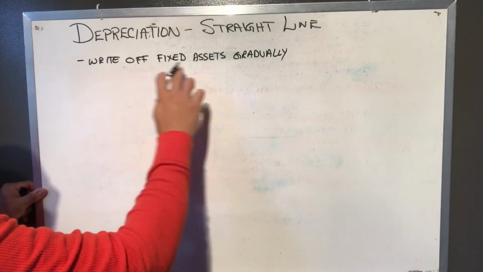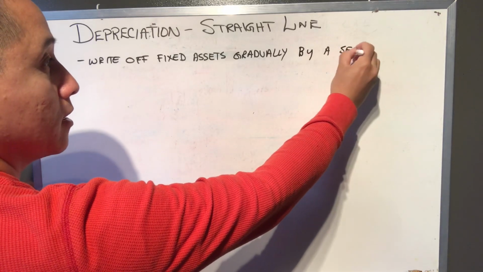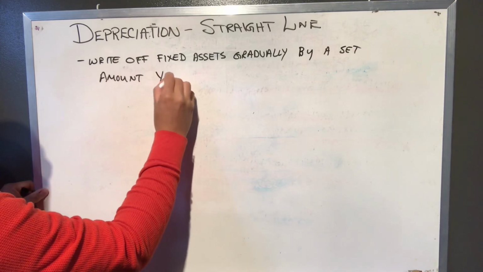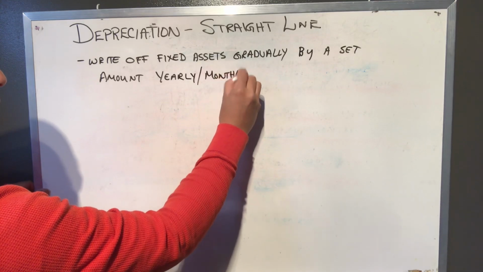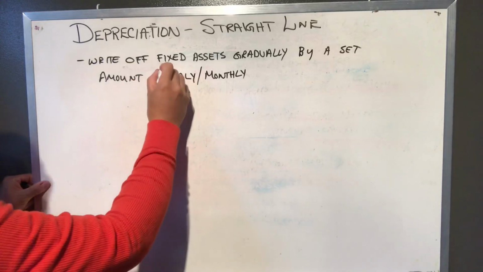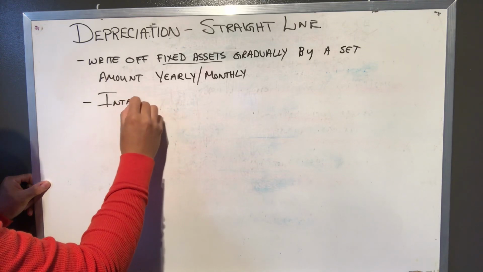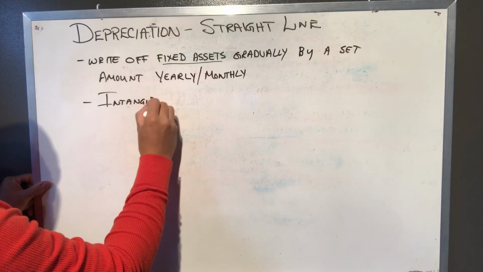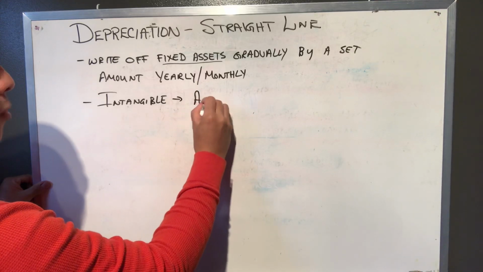So it's to write off fixed assets gradually by a set amount, yearly or monthly. For fixed assets, we would call it depreciation. For intangible assets, those assets that you cannot physically touch, we would call their depreciation by a different name, and it's called amortization.